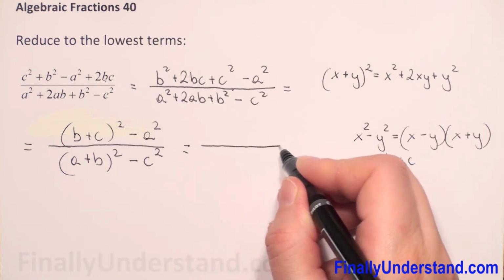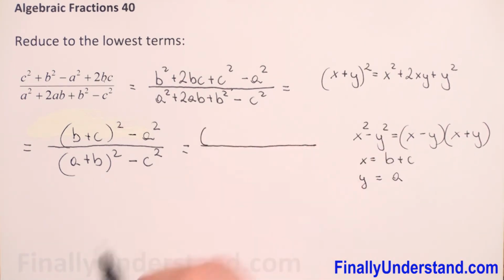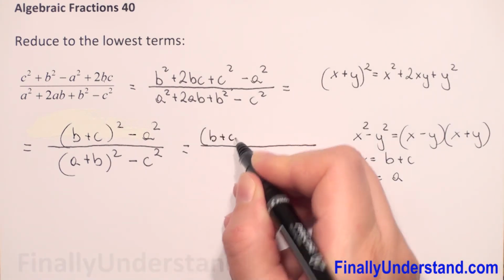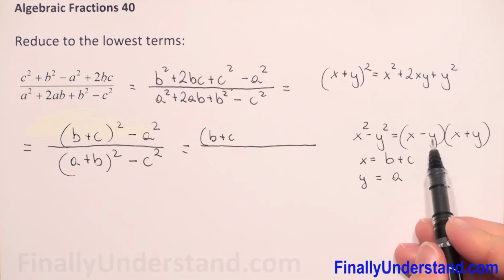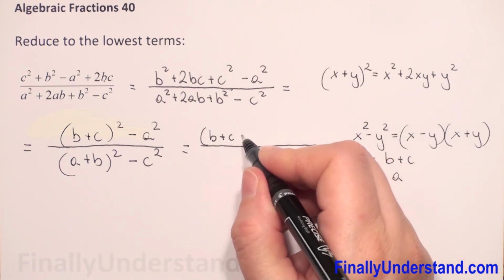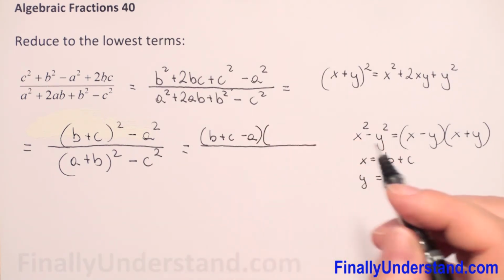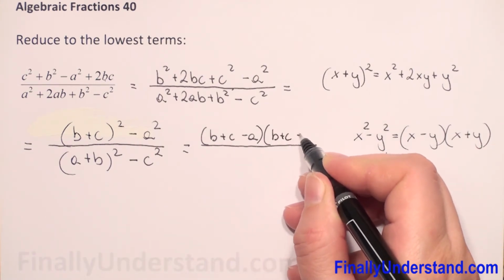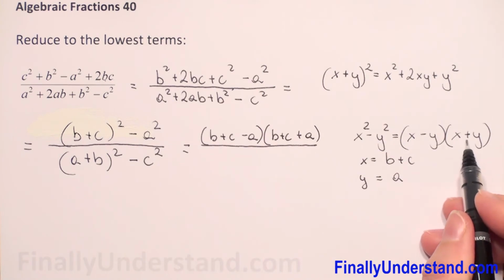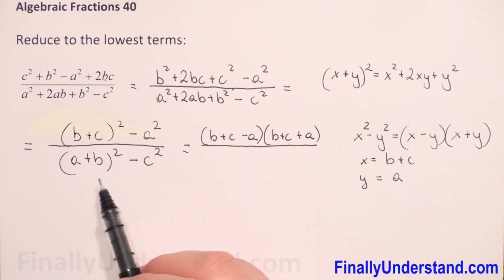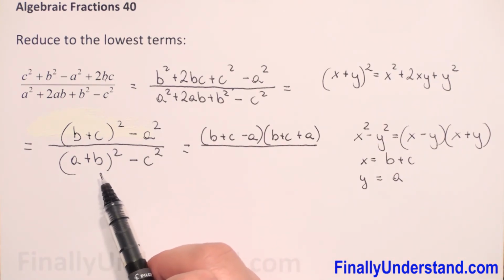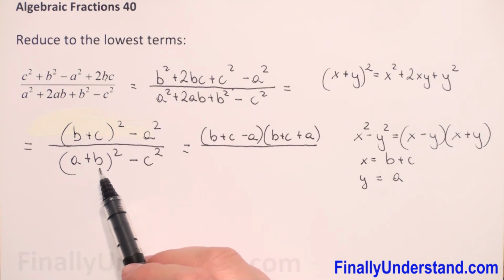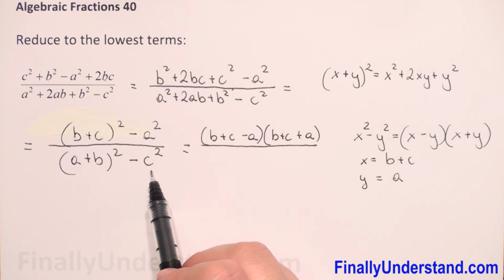So in our numerator we will have x is b plus c, so will be b plus c, and we have minus y, y is a, minus a. And in the second parenthesis will be b plus c plus a. The sign is plus. And the same we will do in the denominator. Now x is equal a plus b, and y is equal c.